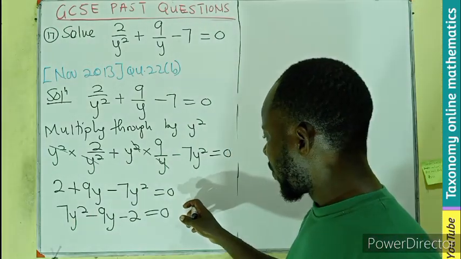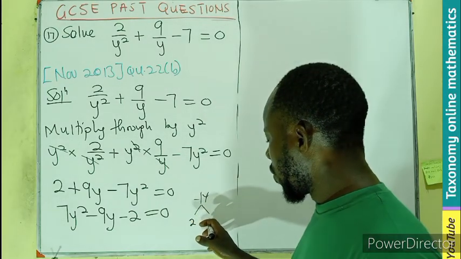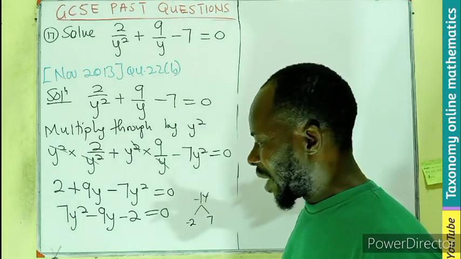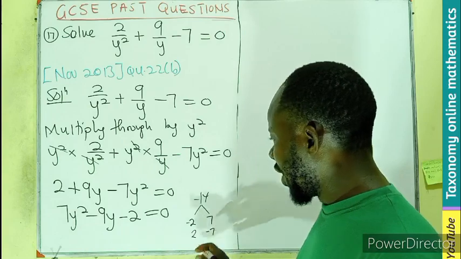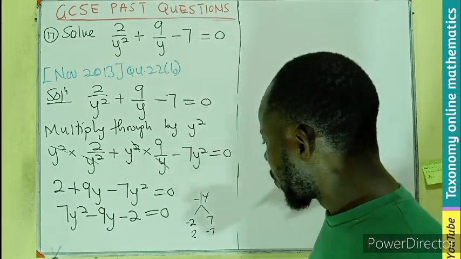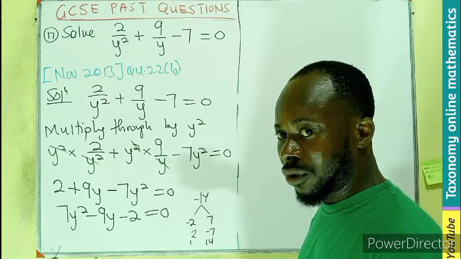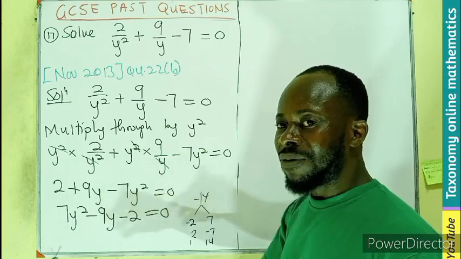We are going to have 14, 2, and 7, right? If one of them is negative, I'll get negative 14. So 2 and negative 7 in this form, or 1 and 14, can also work. But their addition should give us negative 9.